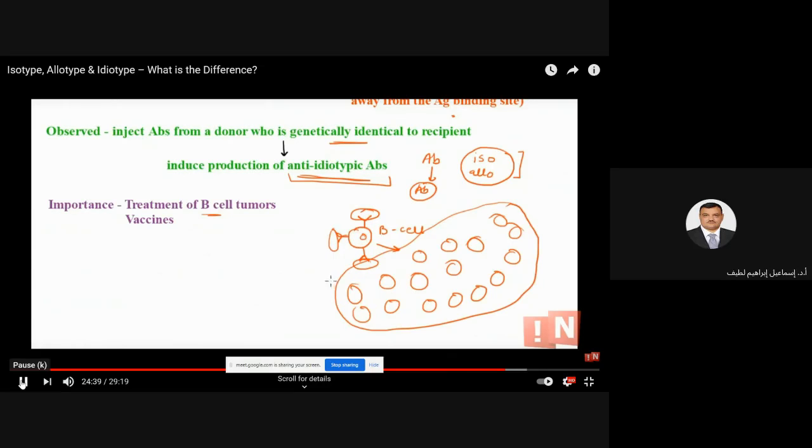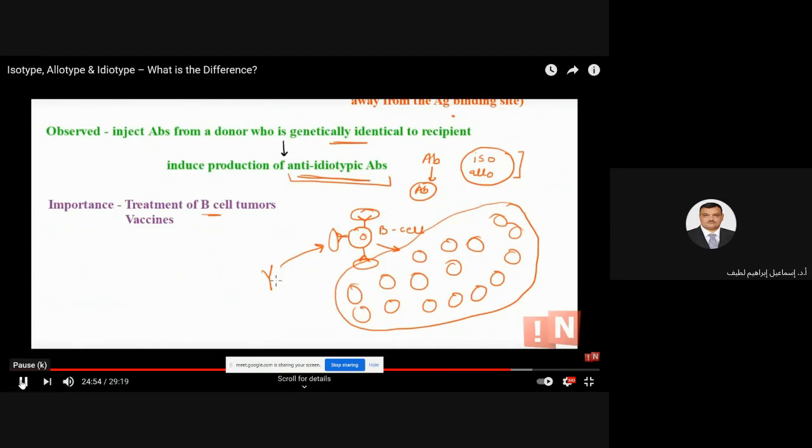So if we can produce anti-idiotypic antibodies that are very, very specific to this idiotype, we can target specifically only the tumor B cells, right?